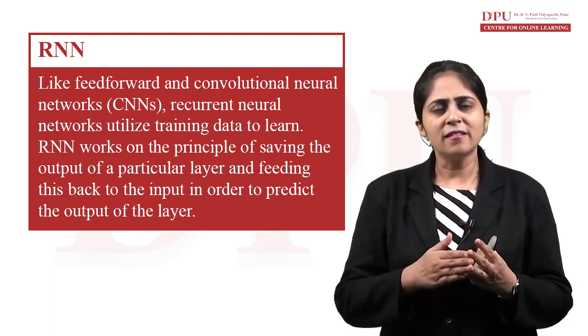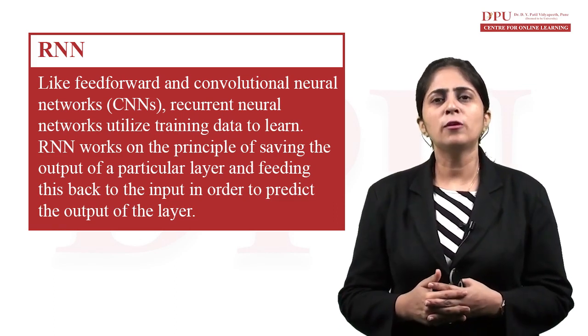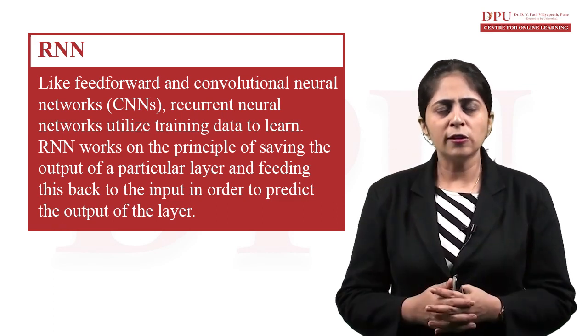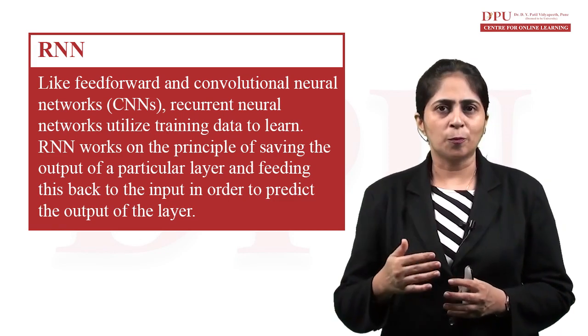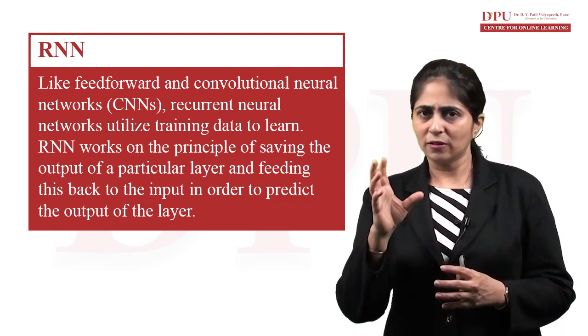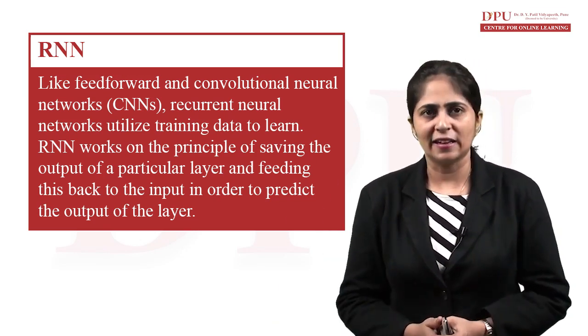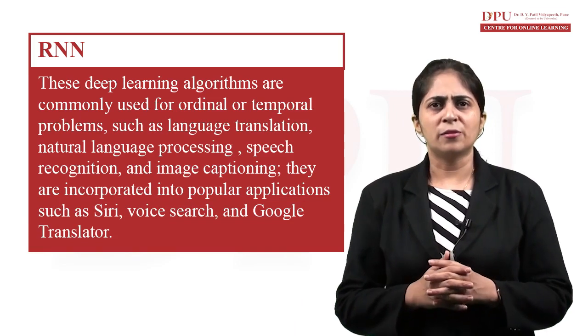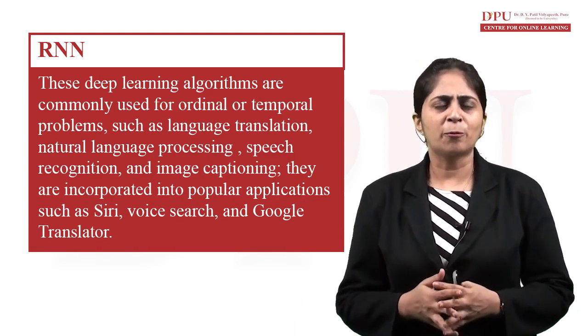It can be distinguished from the previous feed-forward neural network and convolutional neural network because it has a memory which stores the output of one layer, and since it is stored in this memory, it can be fed back to the input again.